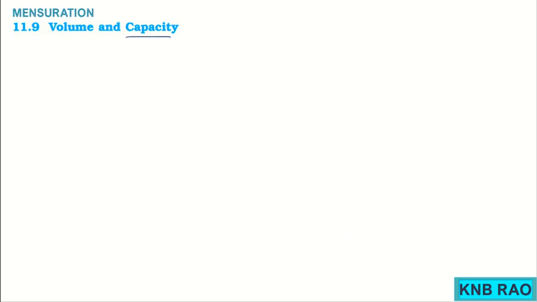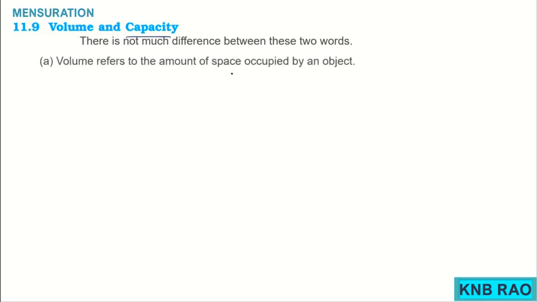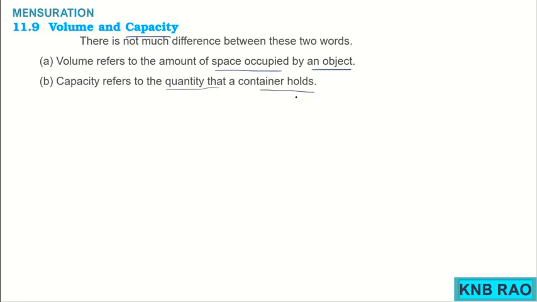Okay. Now there is not much difference between these two words. Volume refers to the amount of space occupied by an object, and capacity refers to the quantity that a container holds. Space occupied by an object is volume, and quantity that a container holds is capacity.